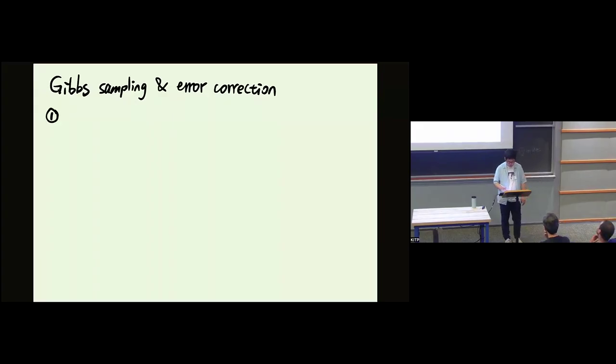The first is that Gibbs sampling, as a topic in computer science, actually provides new techniques to understand physics.